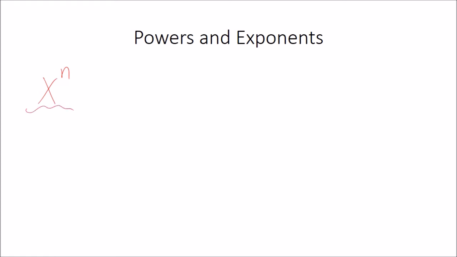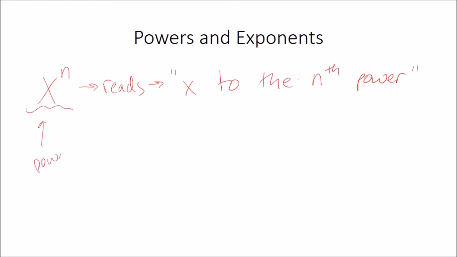Now let's break this down for you. It reads x to the nth power. So x to the n reads x to the nth power. X to the n itself is a power. Now let's break down x to the n.